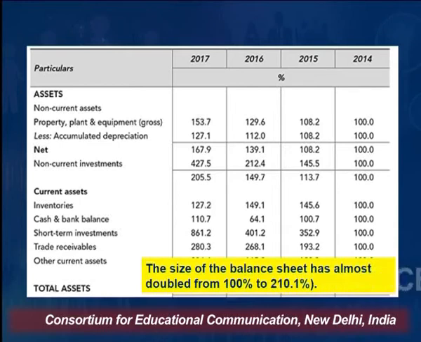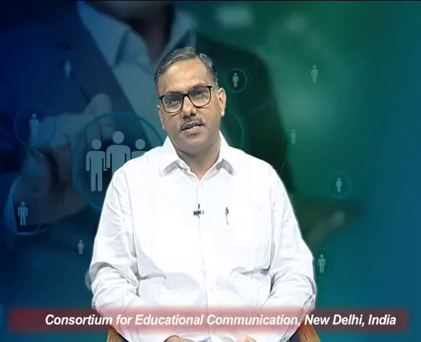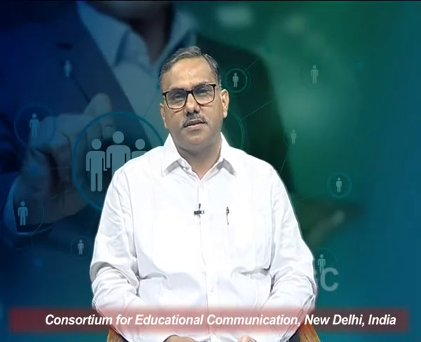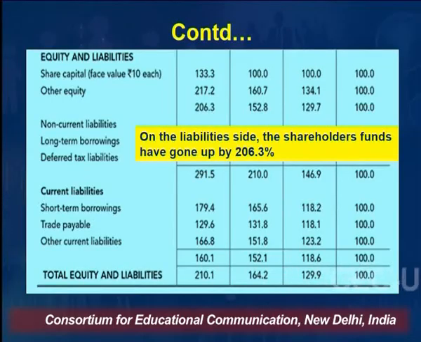So the size of balance sheet has increased, and that you can find simply from the indexed statements. The same kind of analysis can be done for liability side also. If you look at the liability side, the shareholders fund has gone up by 206.3%. So what was 100 earlier in 2014 has now become 206.3.